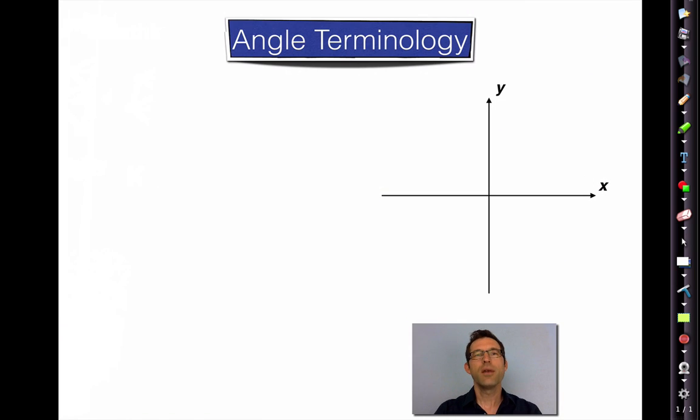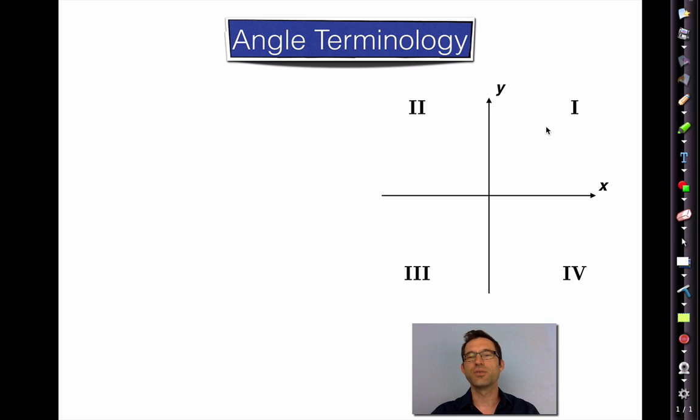Now, we're going to be working a lot with angles, rotations, and where what's called the terminal ray of the angle lies. So the first thing we want to be comfortable with is that when we have an x and a y axis, they divide physical space up into what are known as 4 quadrants. Quadrant 1 is where everything is positive, both the x and the y coordinate. And then the other 3 quadrants get traced out in a counterclockwise direction.